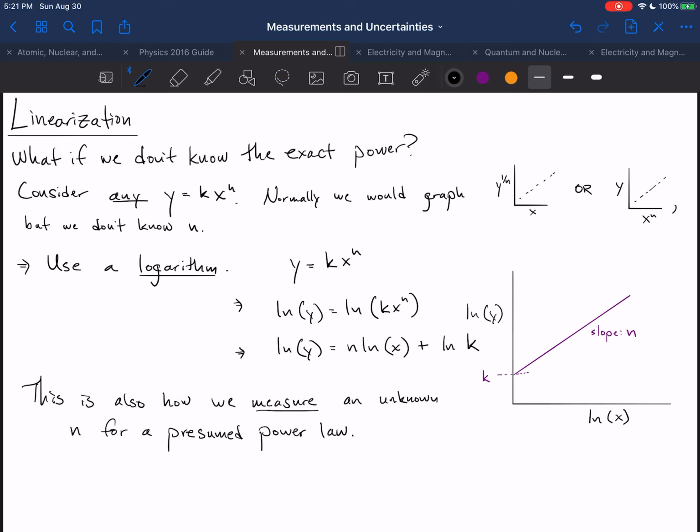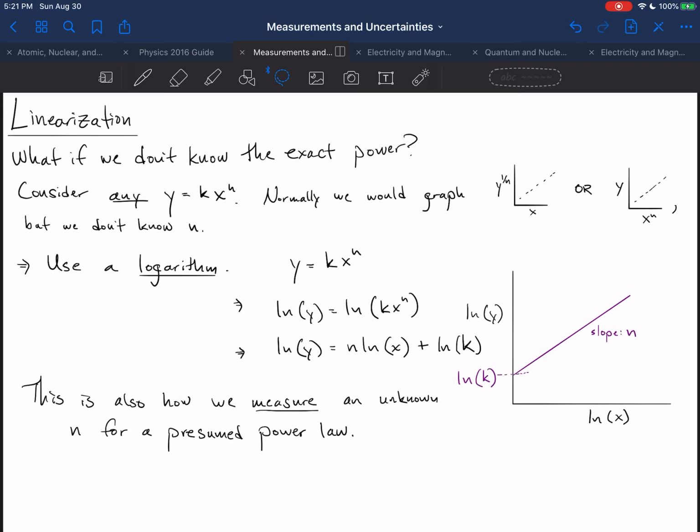My bad, that is an error in here, and that will be an error in here. All right, so that's fixed. So that function is log of y is equal to n times log of x plus log of k. And you can see that all I did is take a logarithm of both sides. So this captures the same relationship.